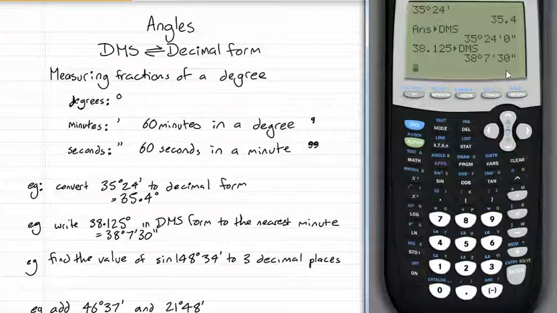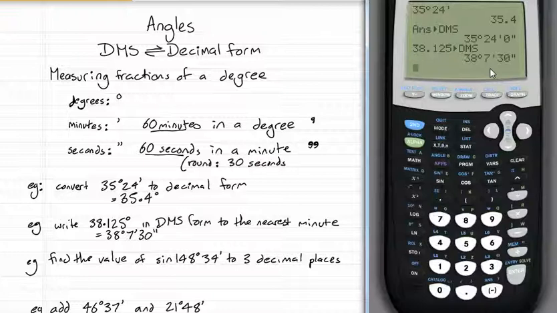When we round with seconds and minutes, we round if we're at halfway or above. Now there's 60 seconds in a minute and 60 minutes in a degree, so we round at 30 seconds or more.